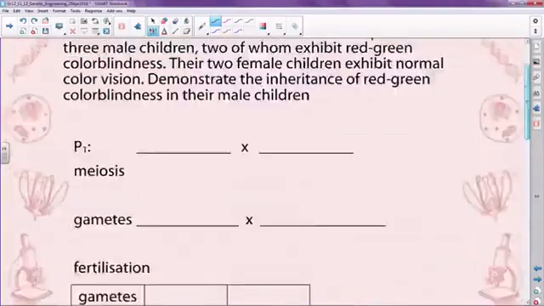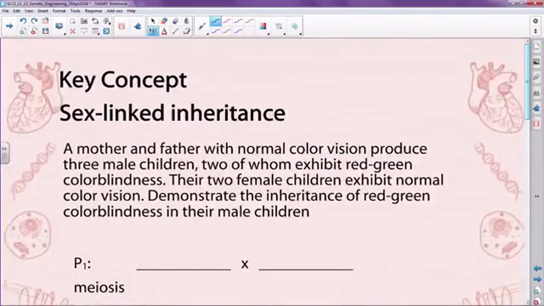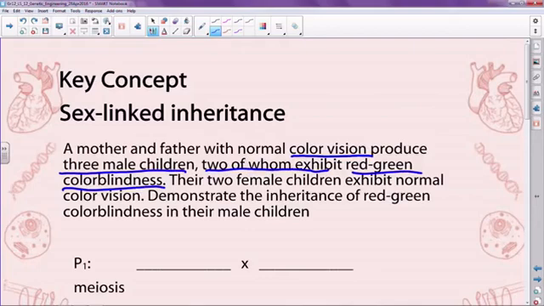Now, let's go on to the sum. Think about this carefully. A mother and father with normal color vision produce 3 male children, 2 of whom exhibit red-green color blindness, and 2 female children who exhibit normal color vision.